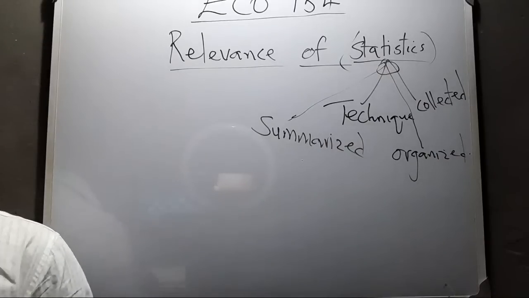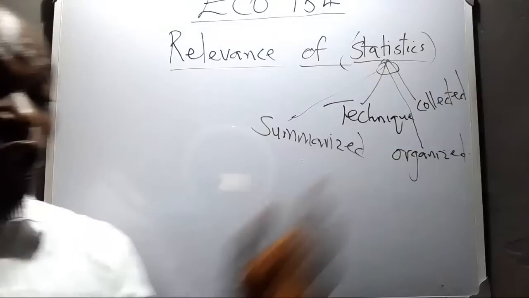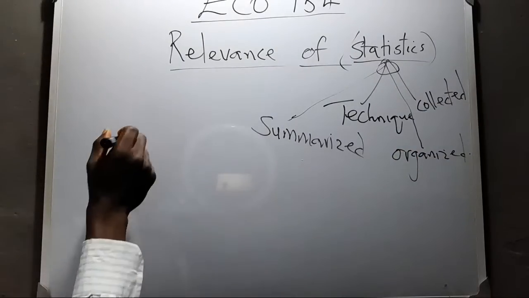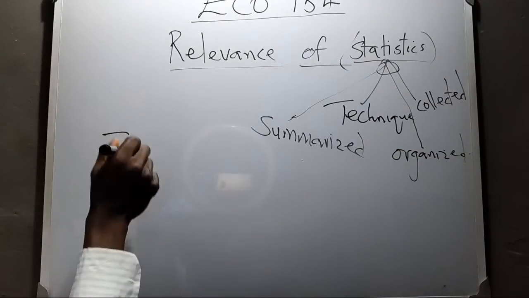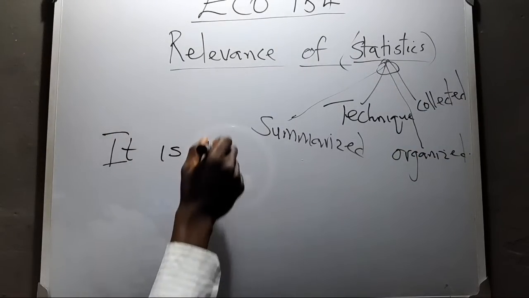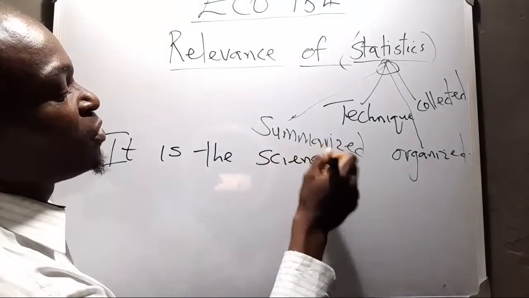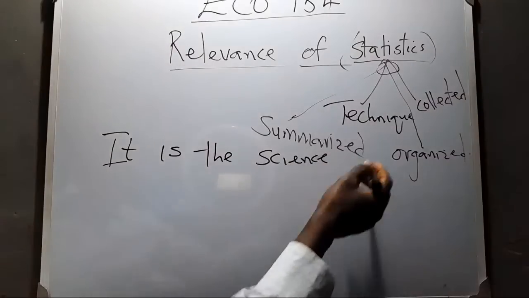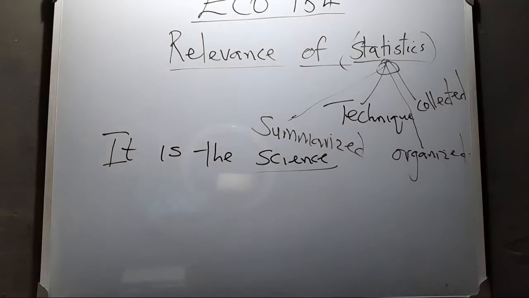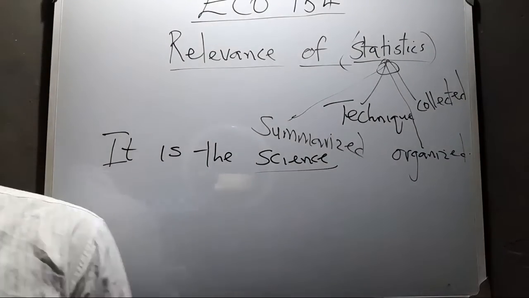Statistics is the science. So let's just take in short, it is a science. Statistics is grouped under science. It's the science of collecting information.